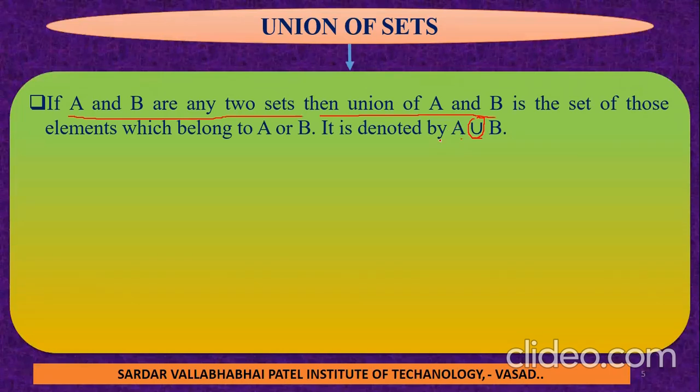But if we write A union B, then we consider only one time those elements which are common to both A and B.